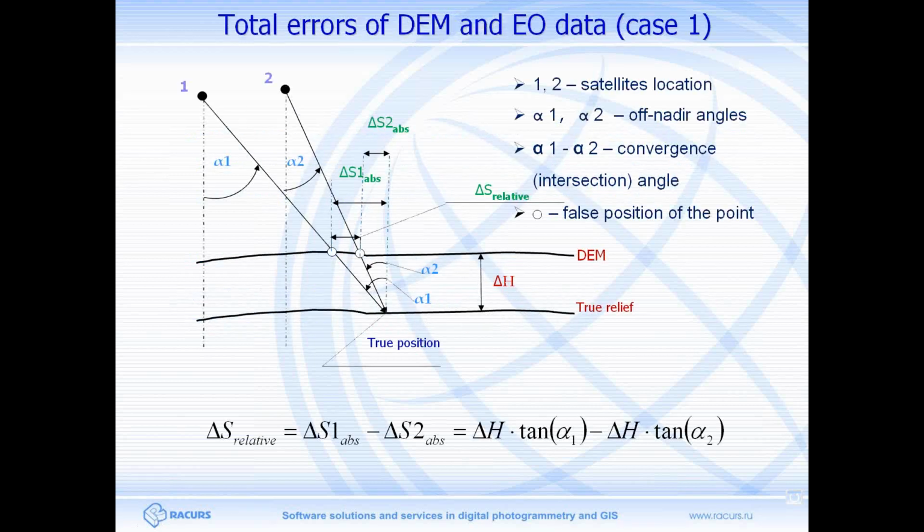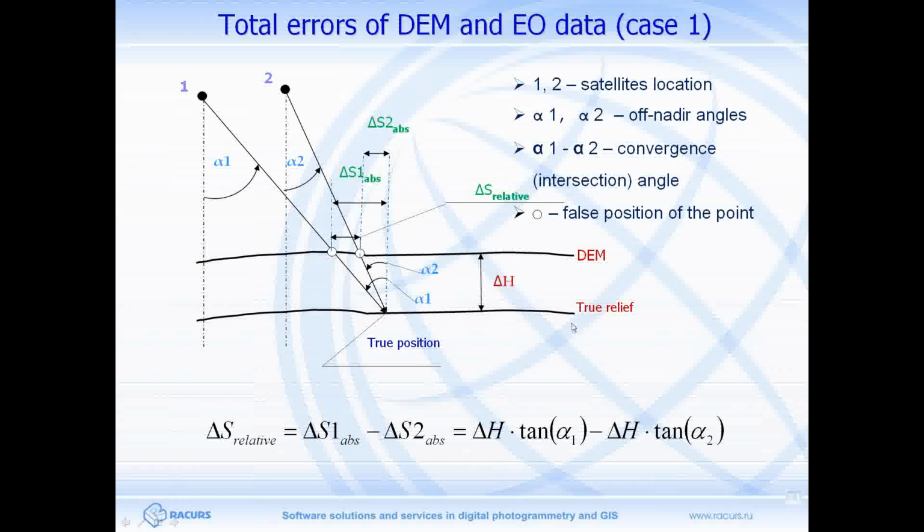Now, several words about the geometry of the survey. As you can see here, for example, one satellite position, another satellite position. One picture, another picture. And the DTM also has an error in relation to the true ground.